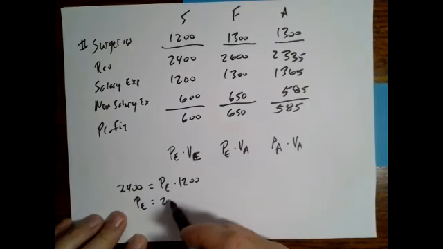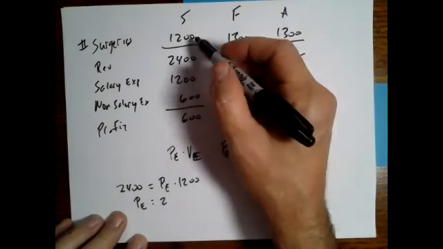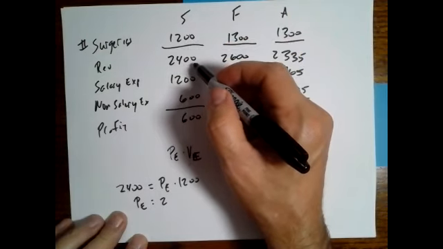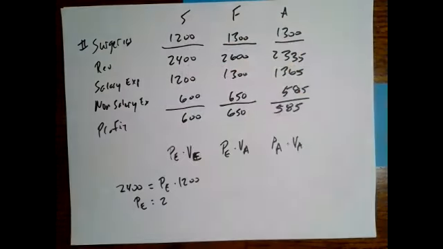So $2,000 per surgery times 1,200 surgeries gives us 2.4 million in revenue. So that's where the static comes from.